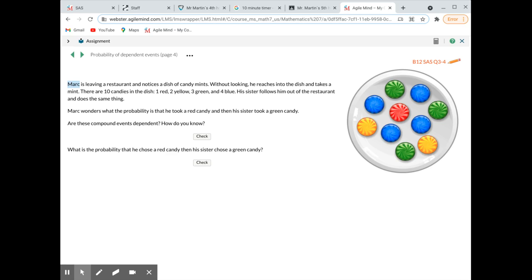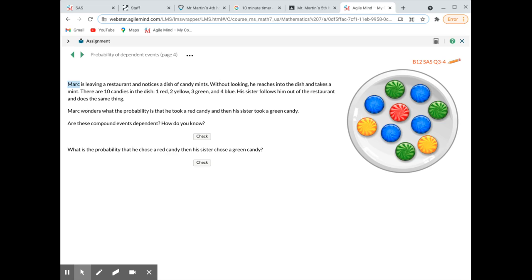So, looking at that, Takiria, do you think these compound events are dependent or independent, and how do you know? Devin, what makes a compound event dependent or independent? An independent compound event is when it's randomized, and a dependent compound event is when someone picks first and gets there before you do.